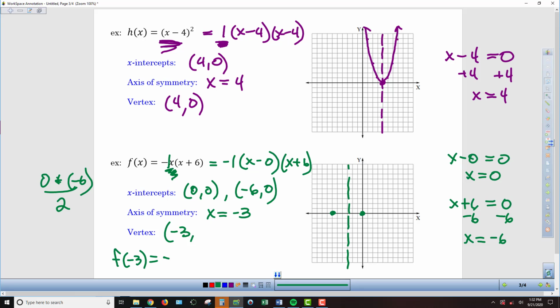So it's going to be -1 times -3 times -3 plus 6. So I've got -1 times -3, which is going to be 3, and then out of this I'm going to get a +3, so I'm getting positive 9 as an answer, so my vertex is at (-3, 9).